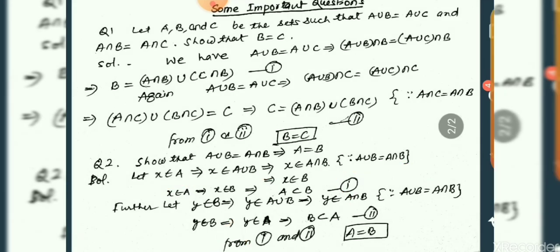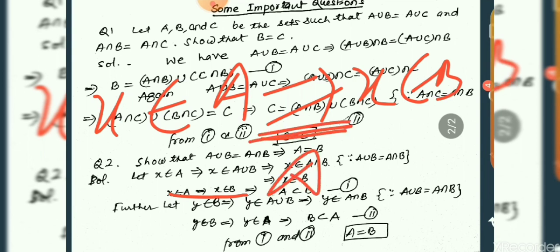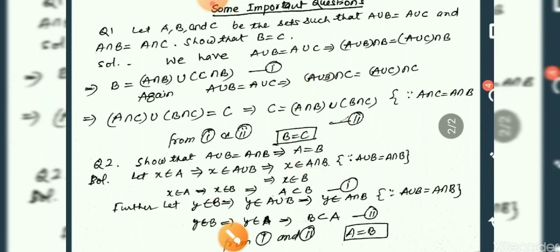Because X is element of A intersection B, means common elements of A and B. Then definitely X belongs to B. Now, X belongs to A implies X belongs to B. It means A is subset of B. Simply, if X belongs to A implies X belongs to B, it means A is subset of B. This happens only when A is subset of B.